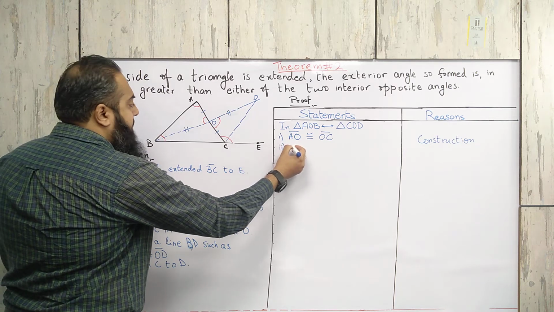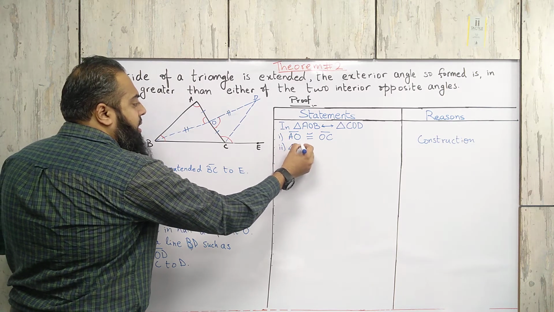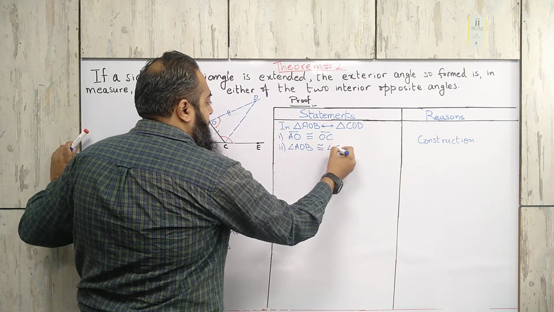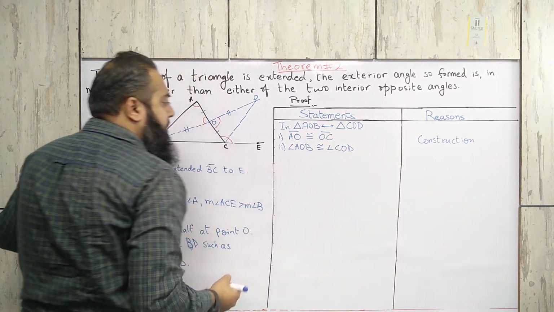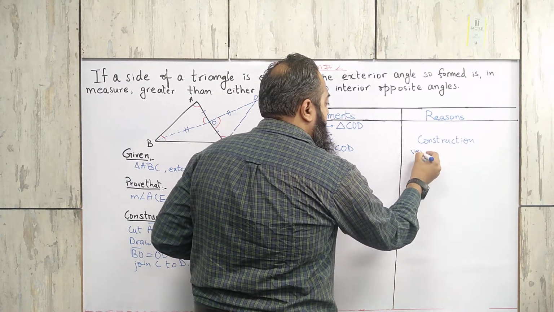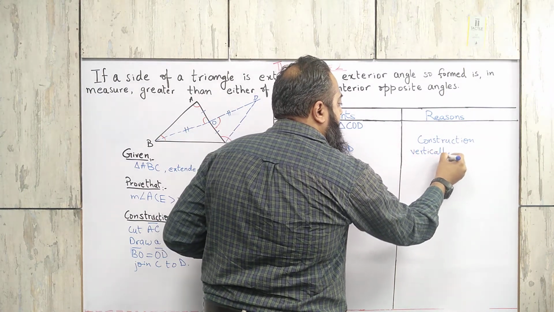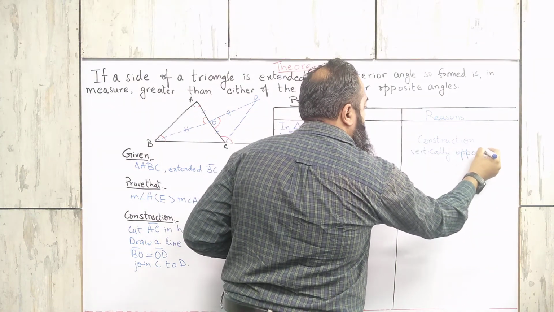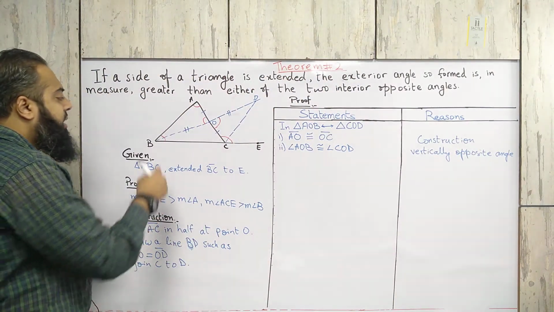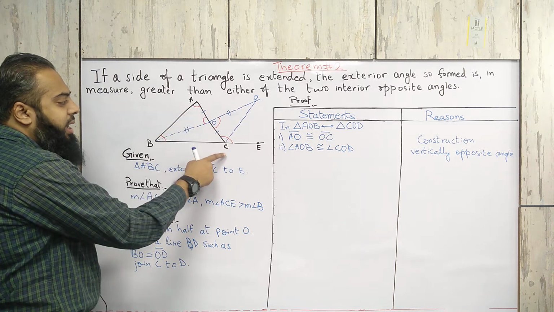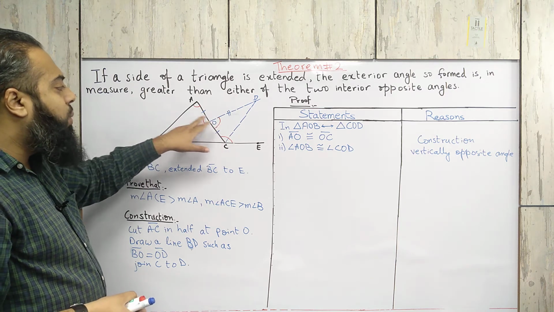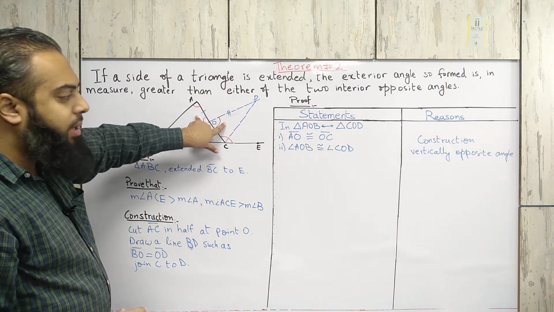Angle AOB will be congruent to angle COD because both are vertically opposite angles. As we can see, line BD and line AC are both intersecting at point O, and the opposite angles are called vertically opposite angles. So therefore they will be congruent.